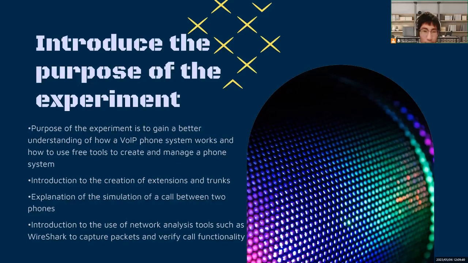The purpose of this lab is to give us a better understanding of how a VoIP phone system works and how to use free tools to create and manage it. This will enable us to apply the concepts of the telephone system and lay a good foundation for future study and work.